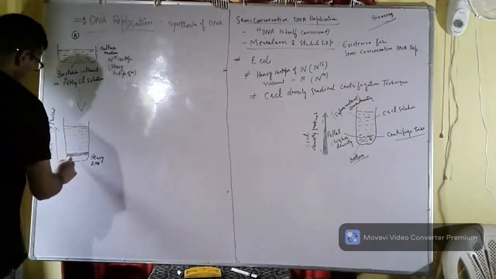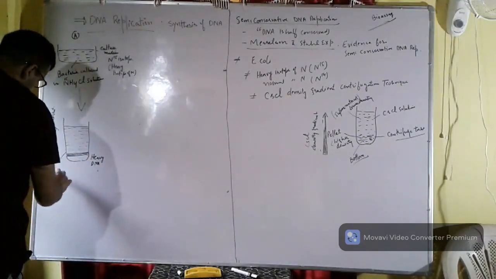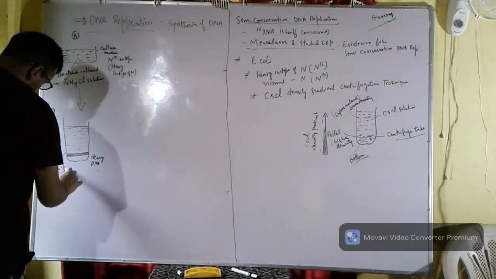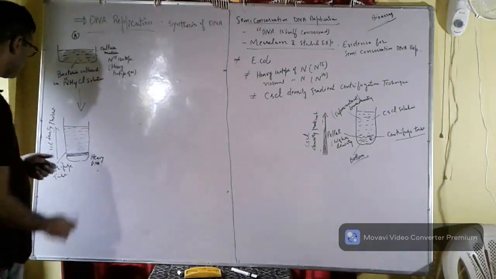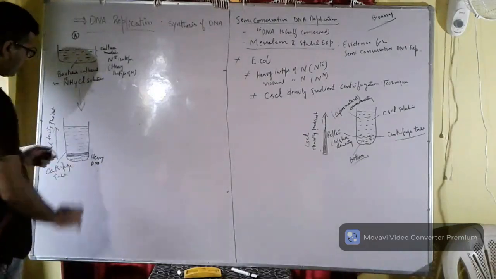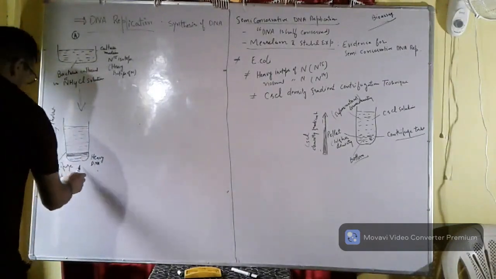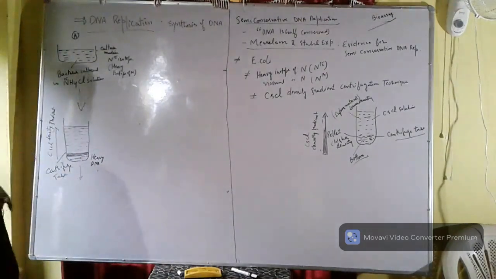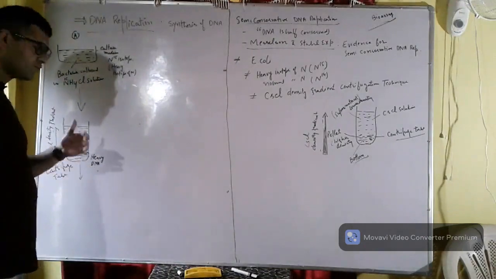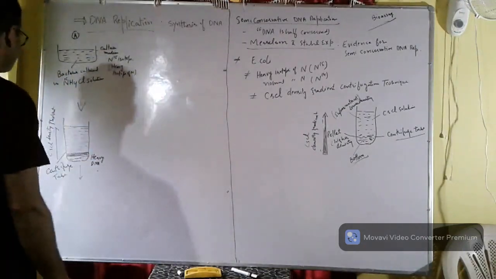This is cesium chloride. This is the centrifuge tube. Obviously these bacterial cells would have heavy DNA.